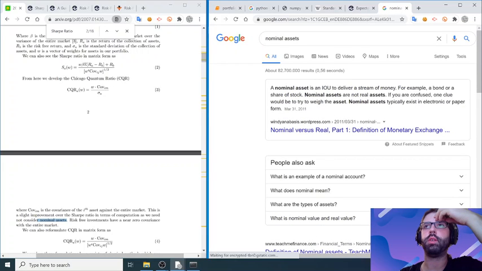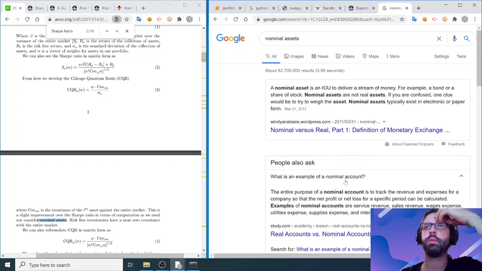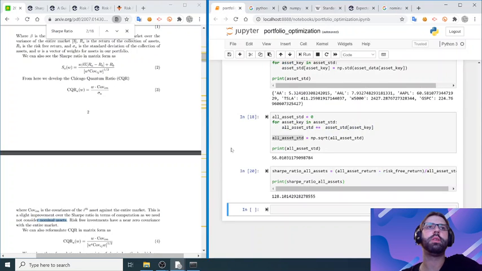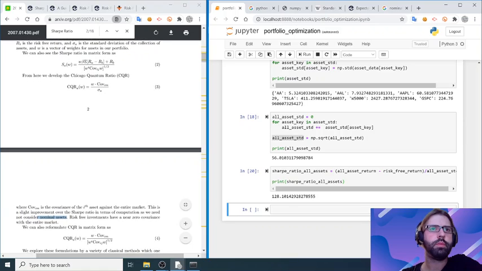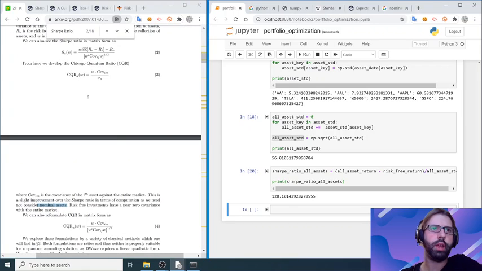No, they're not real assets. Yeah, I guess that's what it means. Okay, risk-free investments have a near zero covariance with the entire market.